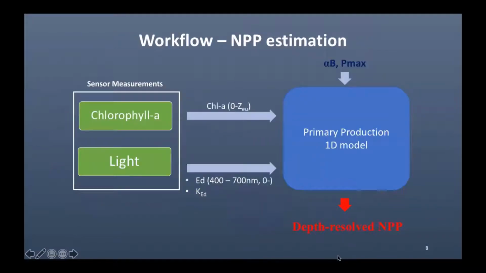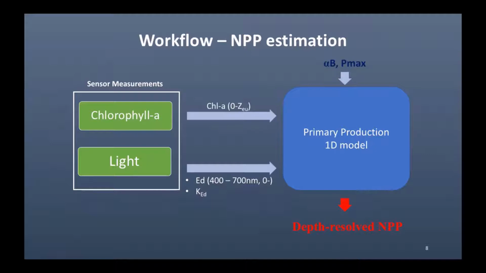So this is just a basic schematic workflow of how I'm going to estimate the NPP. First we have the chlorophyll data and then the irradiance data from the sensor measurement. For chlorophyll data, we're looking for depth profiles that measure from the surface to the bottom of the euphotic zone, which is where the primary production happens.